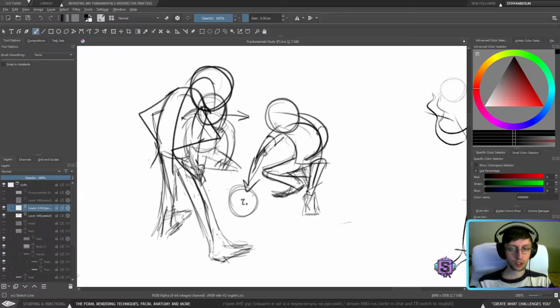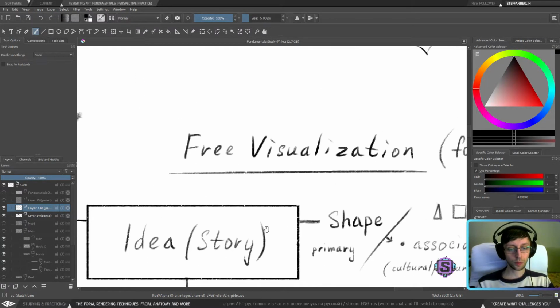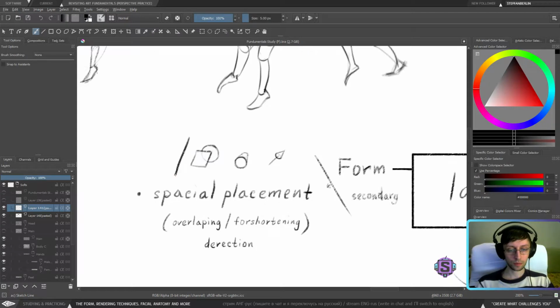If we want to establish form right here, it will start to overtake the shape. At some point, we're going to lose ourselves with too many lines, and it is going to lose the whole dynamic. In order to maintain this dynamic, or at least this is the way that I'm looking at it, I want to get rid of the form depiction right here, so I will try not to use this form depiction.